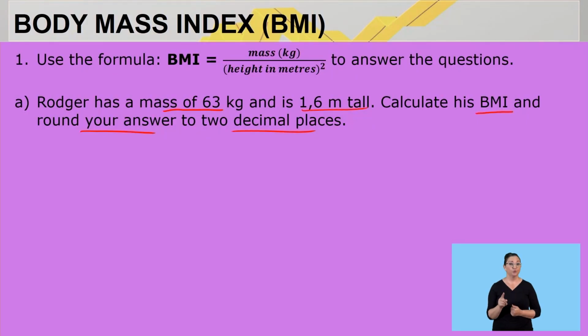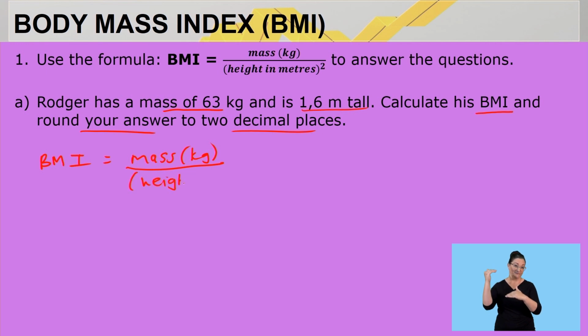Now let us put that all into practice. I must calculate his BMI. So I'll start by indicating that BMI equals my mass in kilograms divided by my height in meters squared, as indicated there. So I'm done with step 1. Step 2, I'm going to substitute.